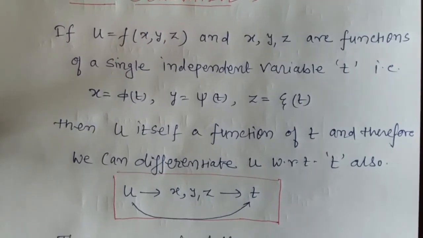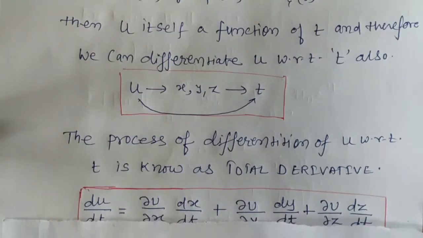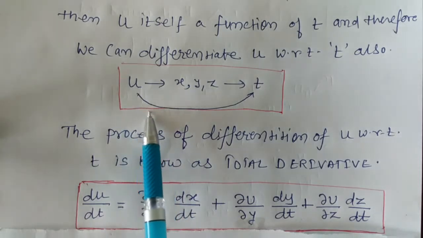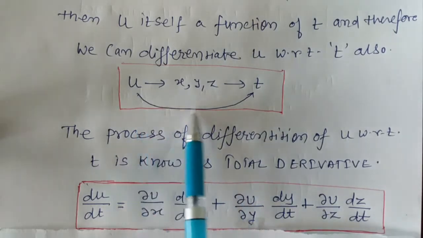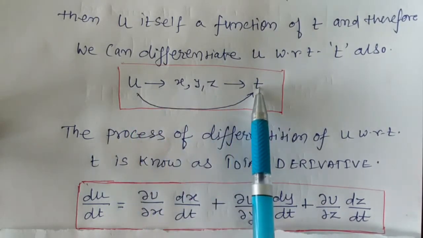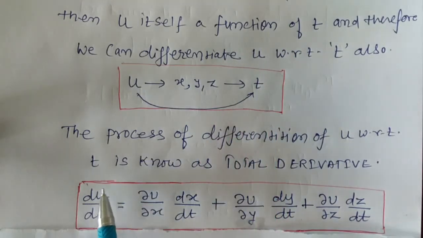Now, how to operate the total derivative? So we are going to differentiate u with respect to the single independent variable t. Then we have ordinary differentiation of u with respect to t, because here we have a single independent variable. So we have du by dt.